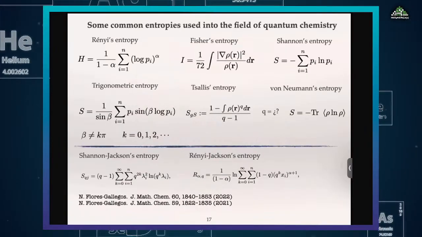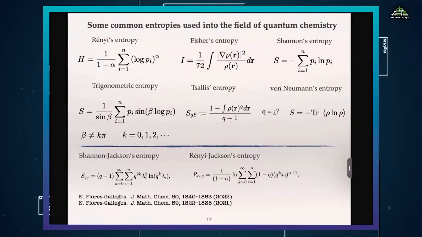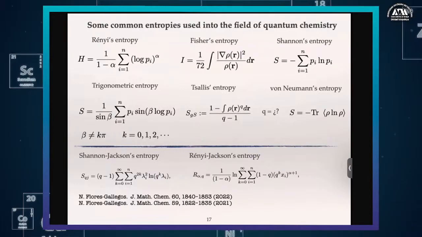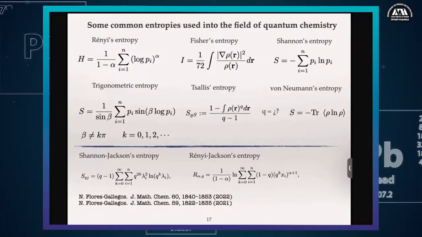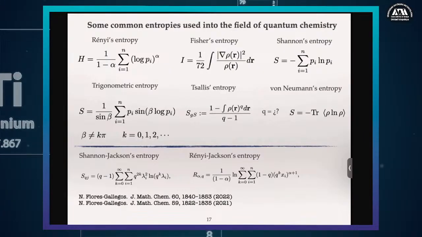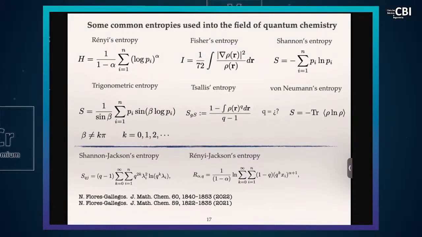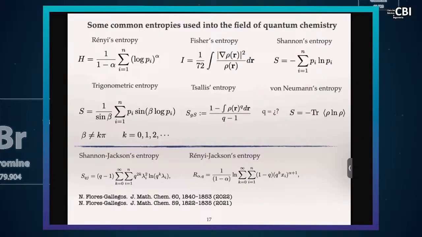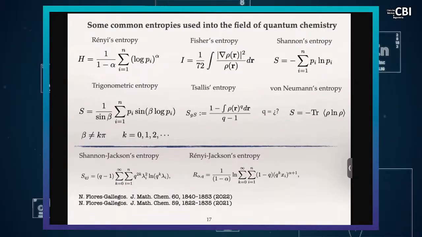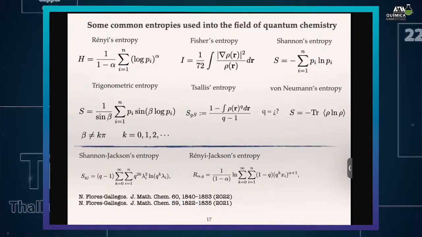On the other hand, in chemistry we can observe the application of several definitions of entropies, and of course one of them is Renyi's entropy, Fisher entropy, Shannon entropy. This one is virtually not explored in the field of chemistry, the trigonometric entropy, Tsallis entropy, von Neumann entropy.